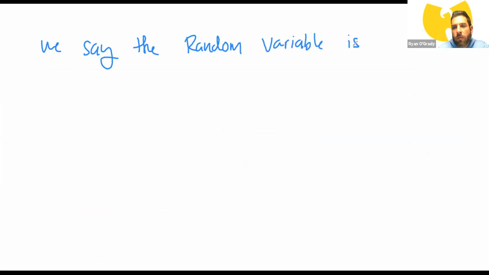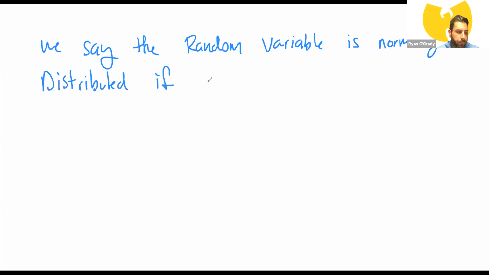Well, we say the random variable is normally distributed if, well, what's the proper way to think about this?